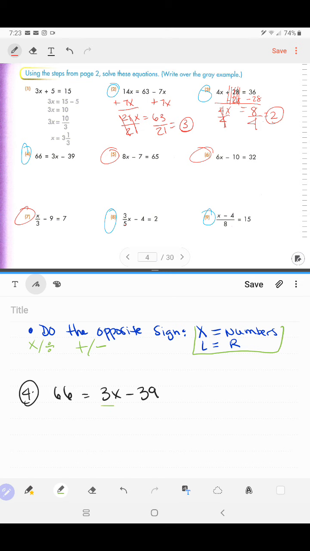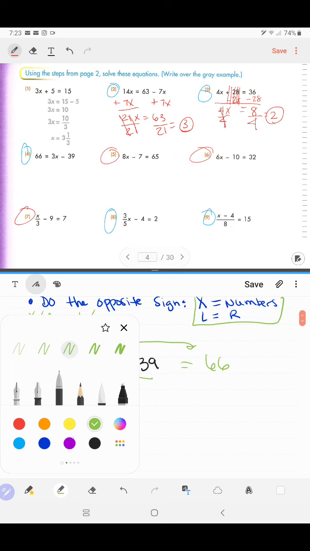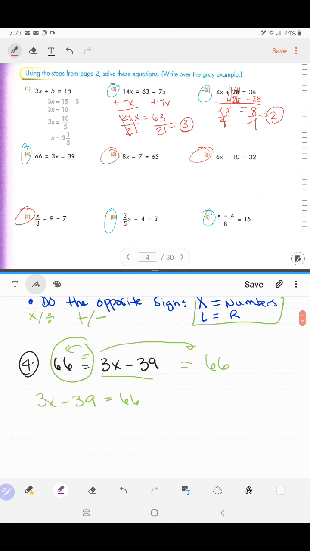When it's saying this equals this, that's supposed to be on this side. So we're going to switch those numbers. Basically, you're just going to take this number and write it in the back. So we've got 3x minus 39 equals 66. So that's the first thing you're going to do before you start. Now it's in order.